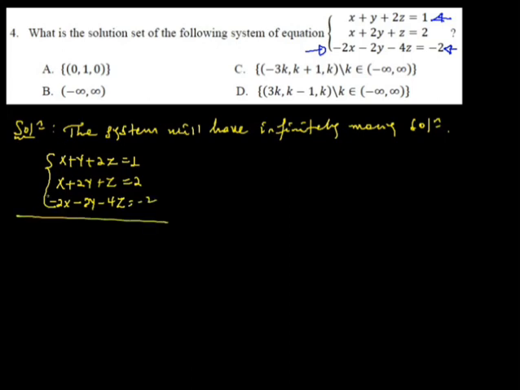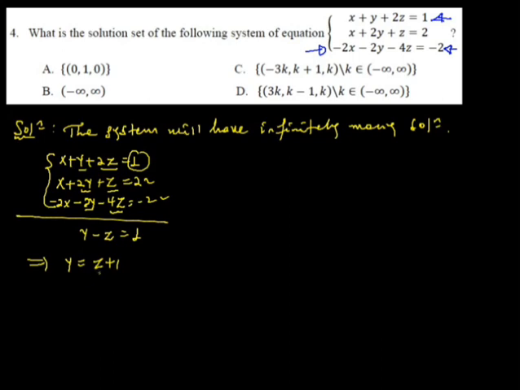If we simply add all the equations, x will be eliminated. y plus 2y is 3y, 3y minus 2y is y, and 2z plus z is 3z, 3z minus 4z is minus z, equals, adding the right sides, the only thing that will remain is 1. So y minus z equals 1. This implies y becomes z plus 1.